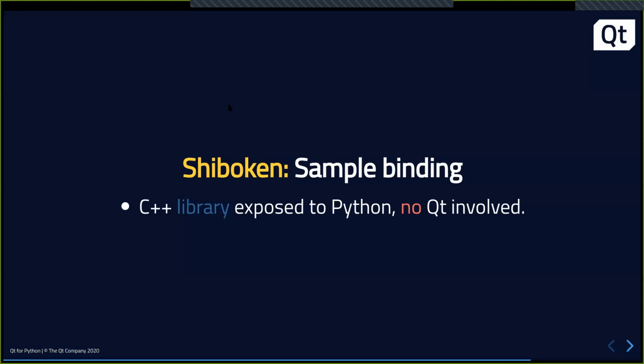In this case, we will have a C++ library that, again, has no Qt in it. So we will try to expose this thing to do some interaction. At the end of this presentation, I will share some blog post links, and one of them describes this example, the sample binding.